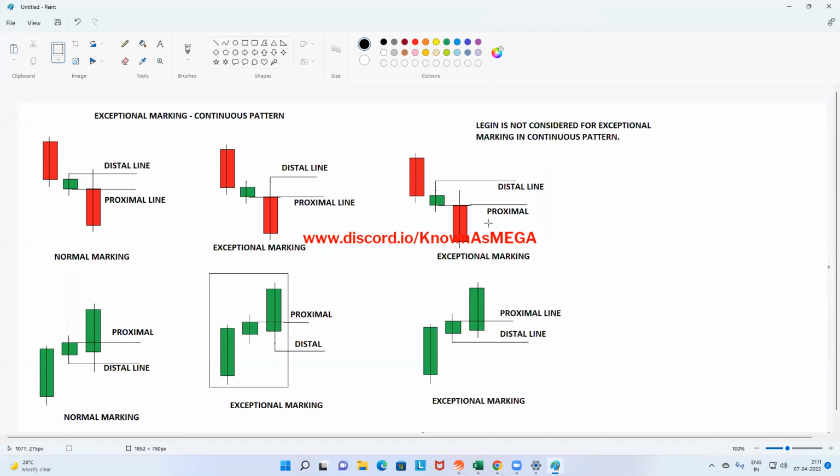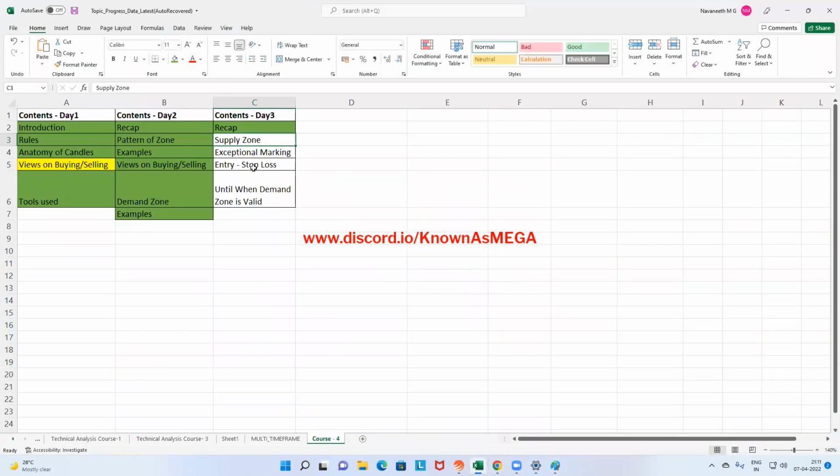Take a screenshot of this, guys. We could have gone through entry and stop loss, you know, already. Where to draw entry in supply zone, where to draw exit in supply zone. I've given it in the notes as well.